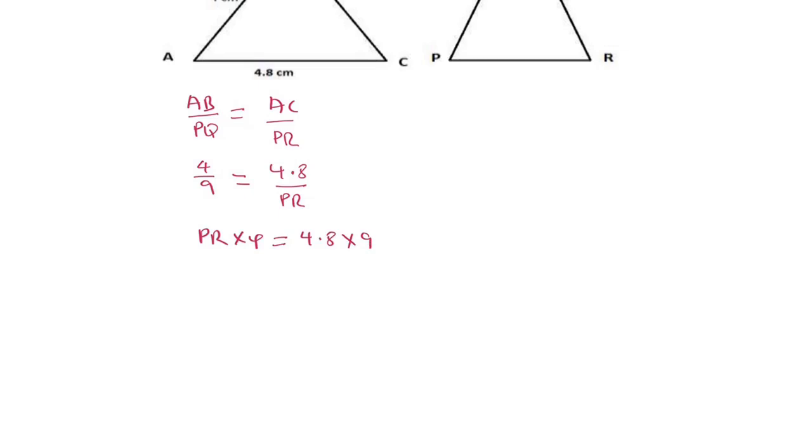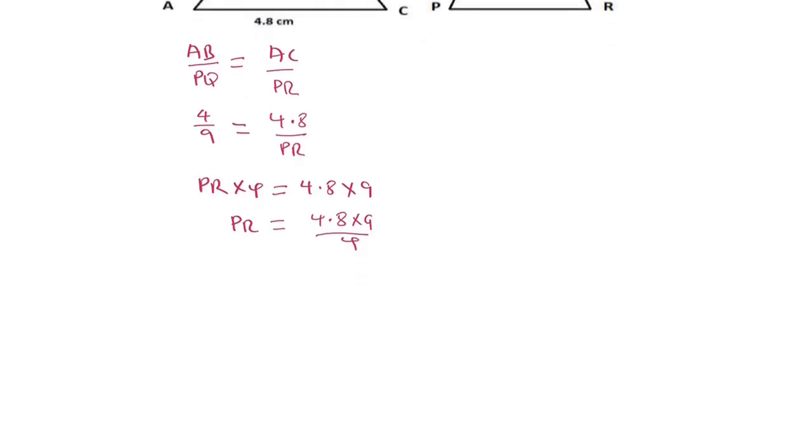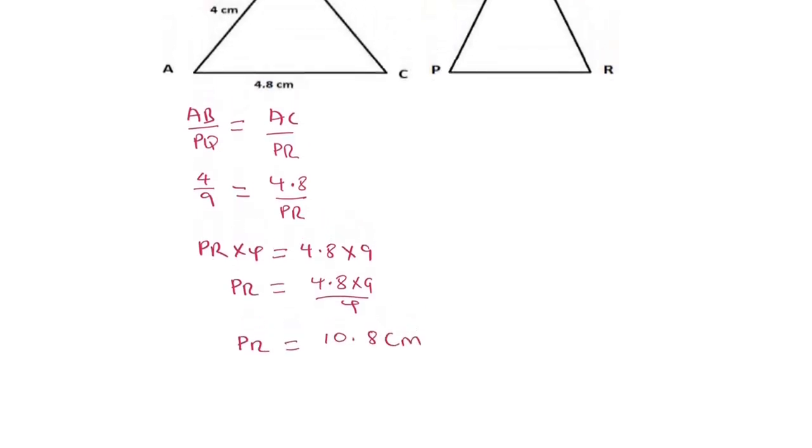Let us now divide by 4 both sides. Then we have PR equals 4.8 times 9 over 4. Solving this, we have PR equals 10.8 centimeters. And this is going to be our answer.